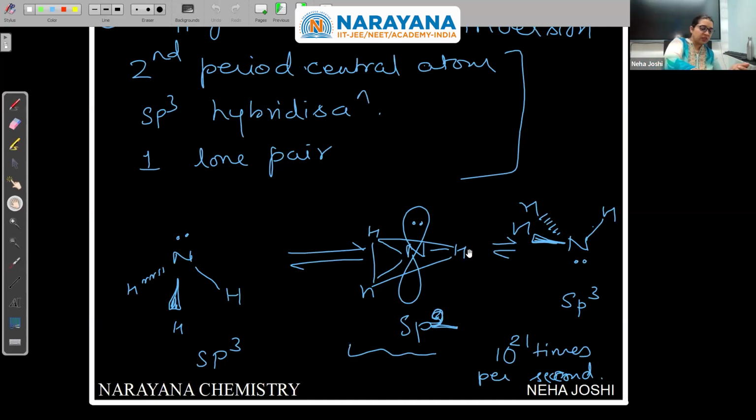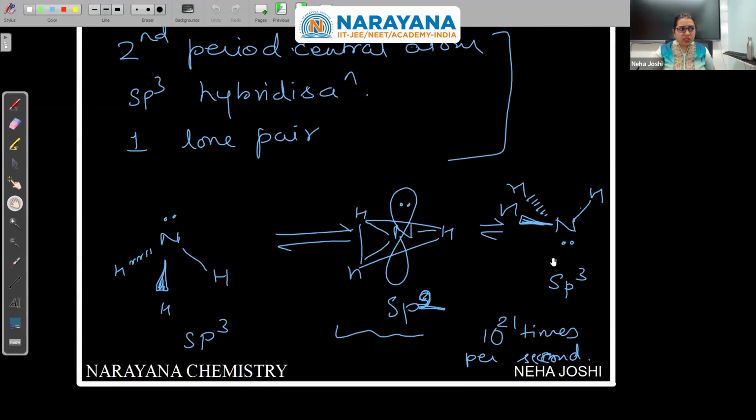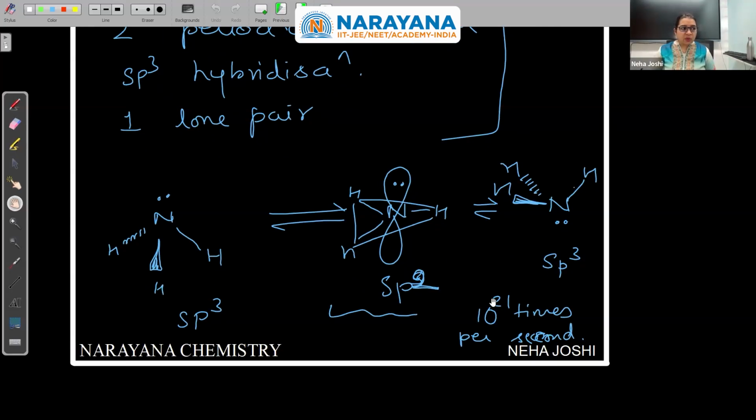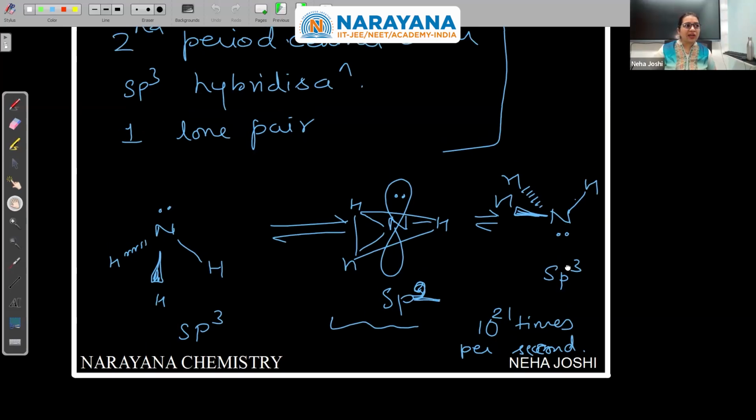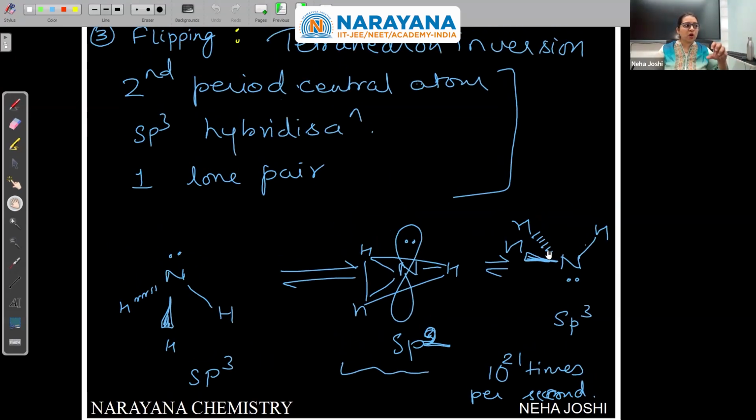As a result of this flipping, the lone pair availability at one spot is not fixed. It is moving here and there. And if I talk of just ammonia, it is 10 to the power 21 times per second, like a very fast speed fan. And due to this flickering or flipping, the lone pair is not located at one spot.